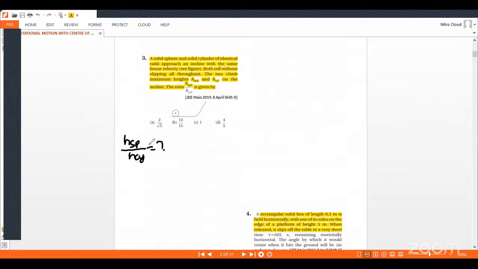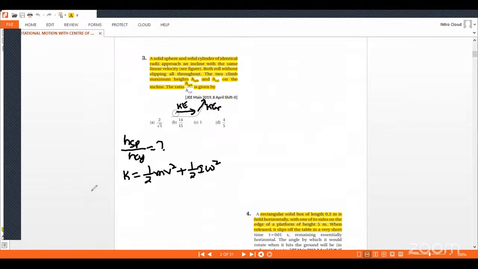So, let us consider we are having the two objects. Number one, it is sphere, and number two, it is cylinder. Whenever it is moving, it will have kinetic energy. And whenever it is climbing up, it will have rotational kinetic energy. So, total kinetic energy, I can write as half mv square plus half I omega square.